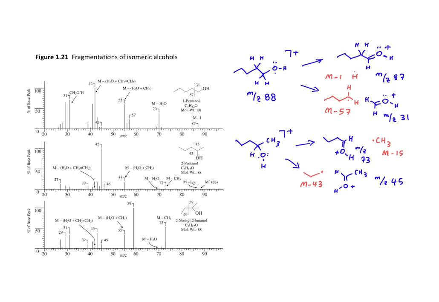As the propyl radical is more stable than the methyl radical, the pathway leading to the base peak at mass over charge of 45 is favored over the pathway that gives the fragment at mass over charge 73. For the tertiary alcohol, loss of the methyl groups gives mass over charge at 73. Loss of an ethyl group, M minus 29, gives rise to the base peak.